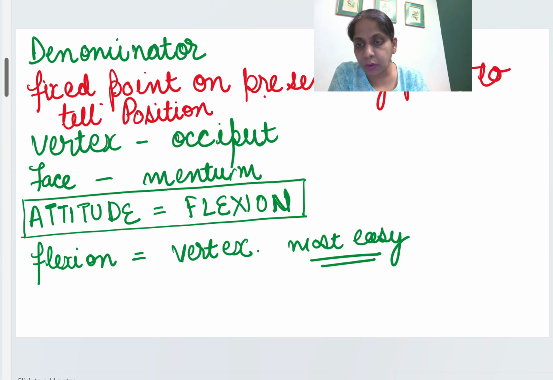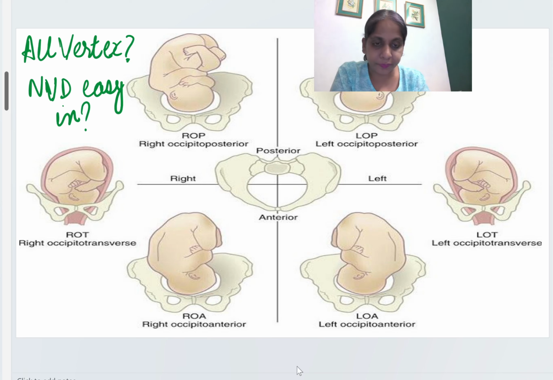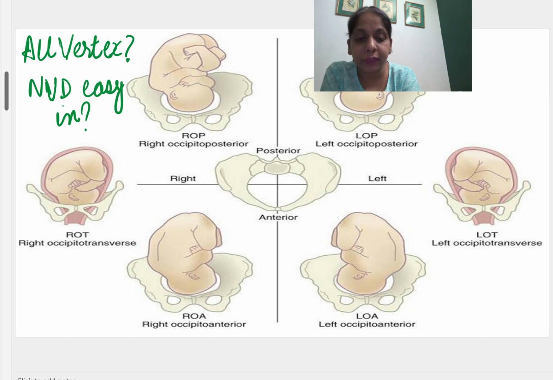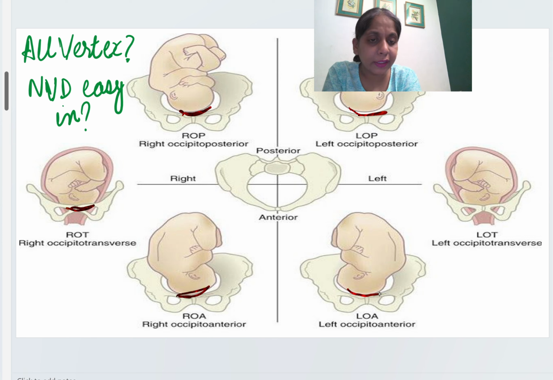Now, what is position? You're seeing that here all the fetuses are flexed, and in all of them the vertex is being felt on PV, so all are vertex here.